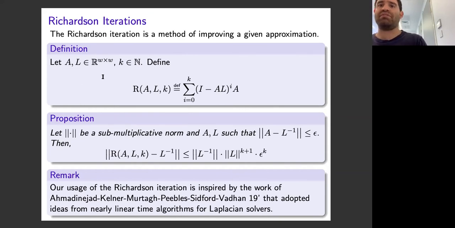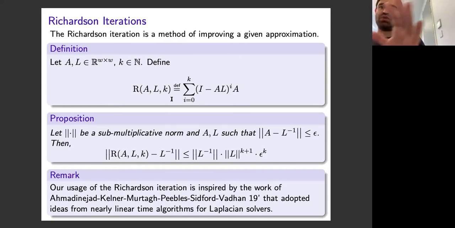Suppose you have a matrix L and you want to approximate its inverse, and you have a moderate approximation for its inverse, which we denote by A. Then this expression right here is a better approximation for the inverse of L, where the larger you take K, the better this approximation becomes.